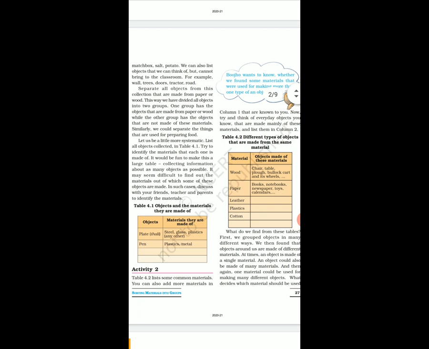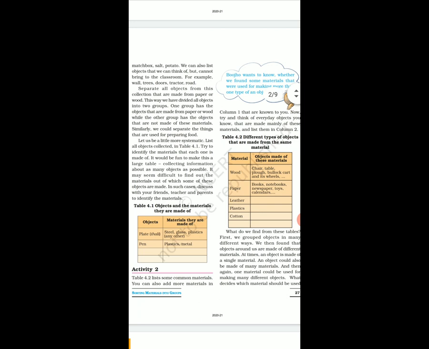So you can write it in the column of plastic, in the column of steel, and in the column of glass also. Now you will get that from wood this many things are made, or that this many things are made from paper. So this is another group which you will get after doing this classification.